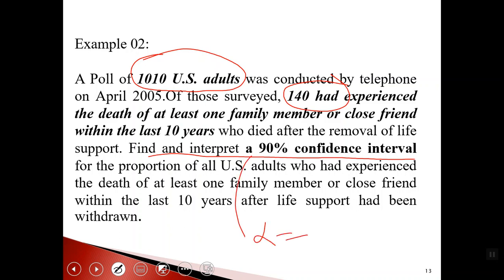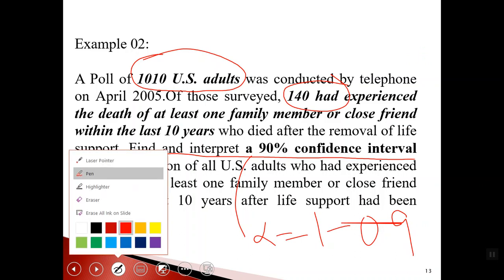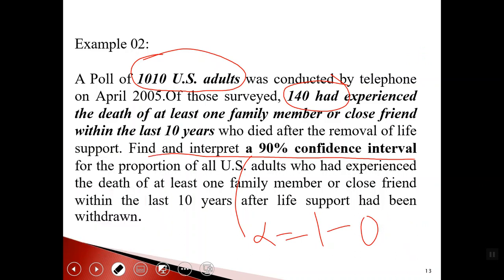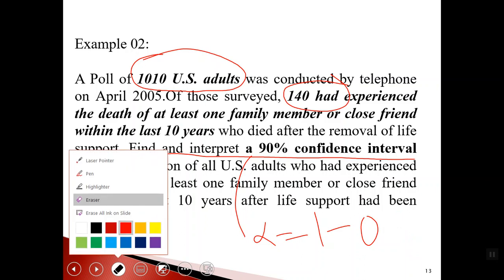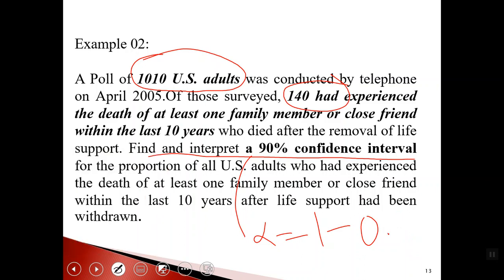Alpha is equal to 1 minus 0.9. They have given 90%, so alpha, we figure it out. What is this n?